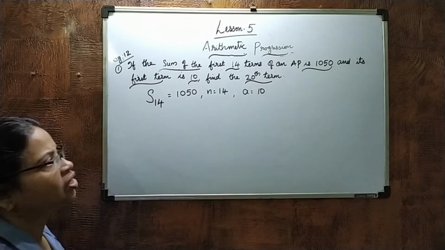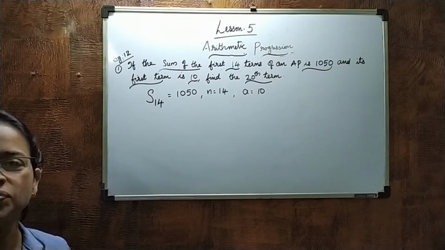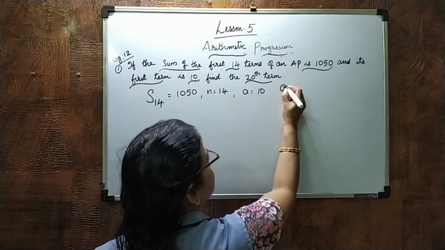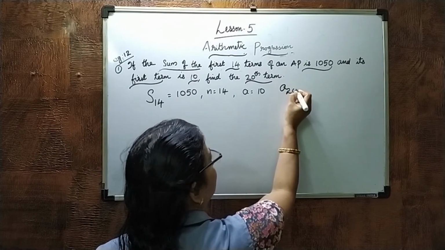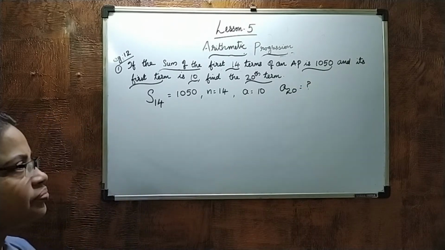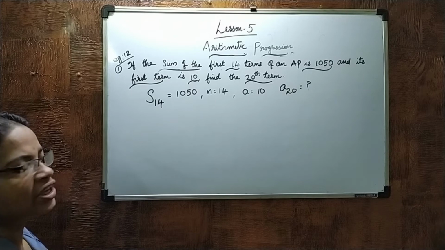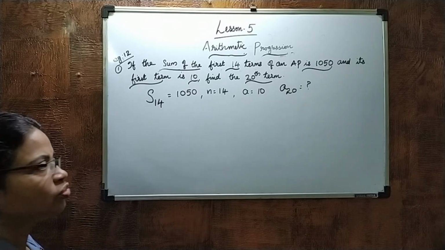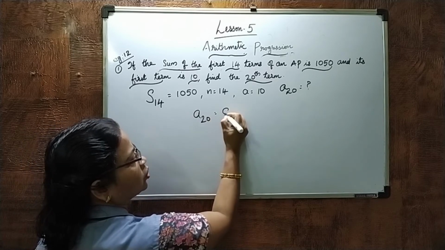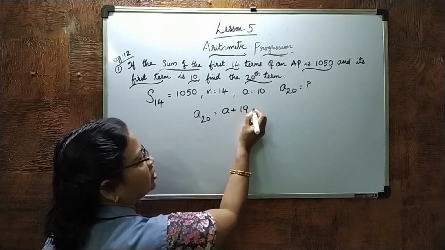Then you have to find the 20th term, that means A20. Clear? And how will you find A20? It will be A plus 19D.